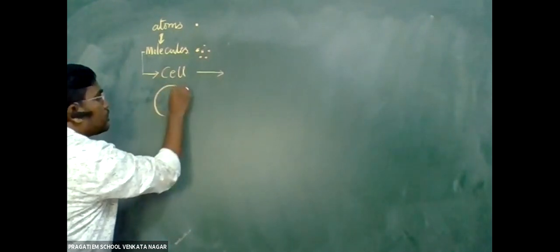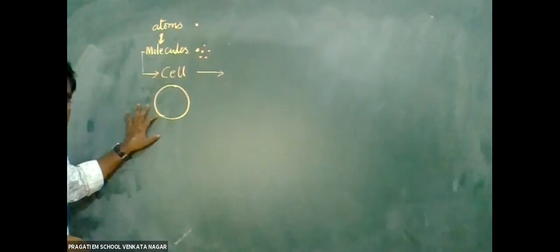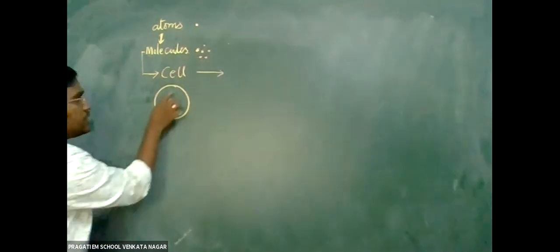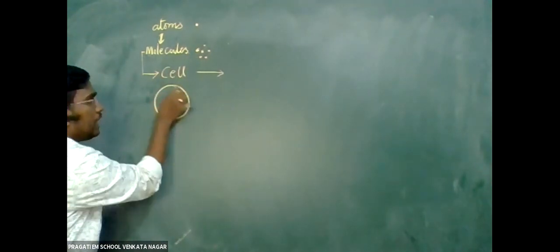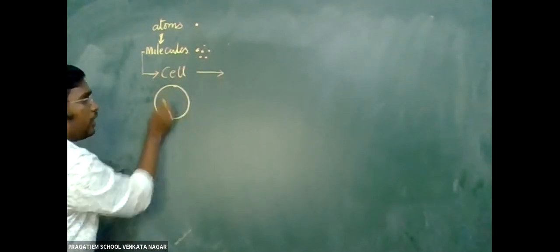Generally, the structure of the living cell: the living organisms are composed of cells, and this particular cell contains a membrane. This is called the outer membrane.